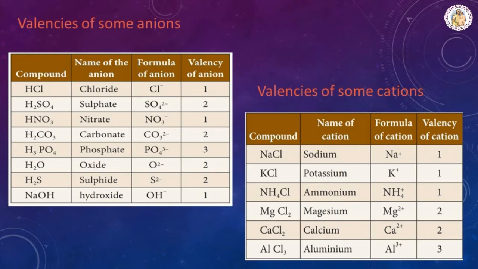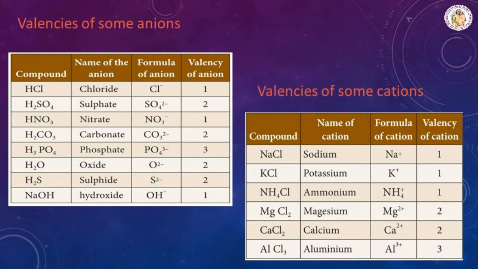Next, in magnesium chloride, the name of the cation is magnesium, and the formula of the cation is Mg2 plus, and the valency of the cation is 2 because here the magnesium ion is combined with two chlorine atoms. Next, in calcium chloride, the name of the cation is calcium, and the formula of the cation is Ca2 plus, and the valency of the cation is 2 because the calcium ion is combined with two chlorine atoms.